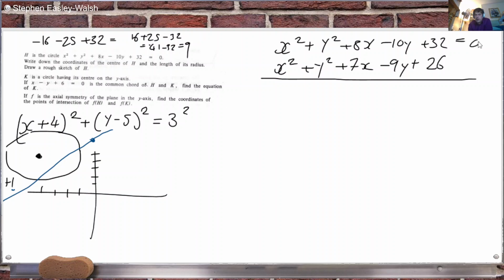I think that would do the job. They cancel. 8 minus 7 is 1x. Minus 10 minus minus 9 is minus y. And then 32 minus 26 is 6. So actually that seems to be the equation.